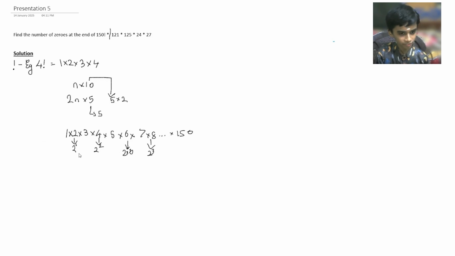Let me write the first few multiples of 5 below 150. 5, 10, 15, 20, 25, 30, 35, 40, and all the way to 150.